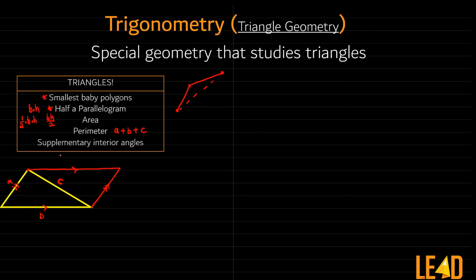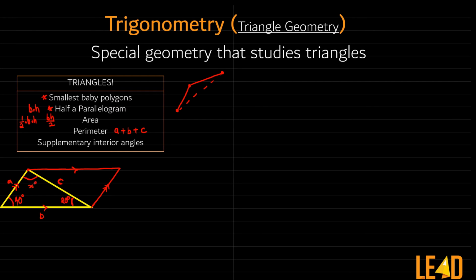The final property of triangles that we're considering is the fact that the interior angles are supplementary. Supplementary means that they add up to 180 degrees. That means whatever these angles are, if you add them up, you would always get 180 degrees. That's quite a useful tool because sometimes you have just two angles. Say we have this as 40 degrees and this as 20 degrees, and we're trying to find what this is.